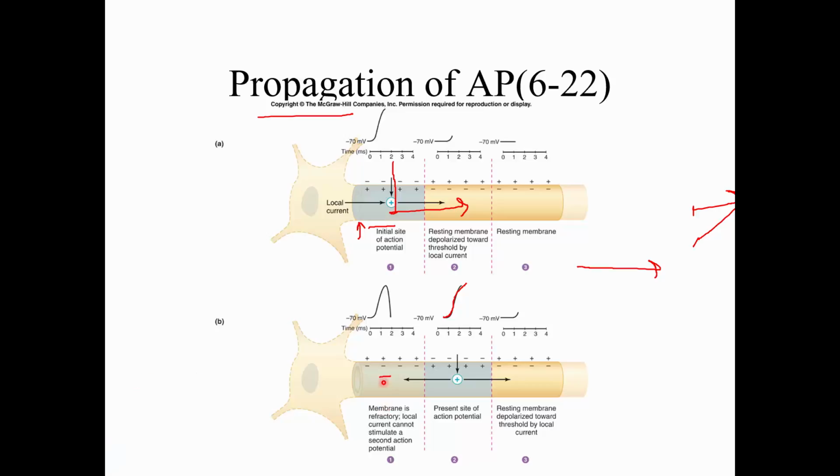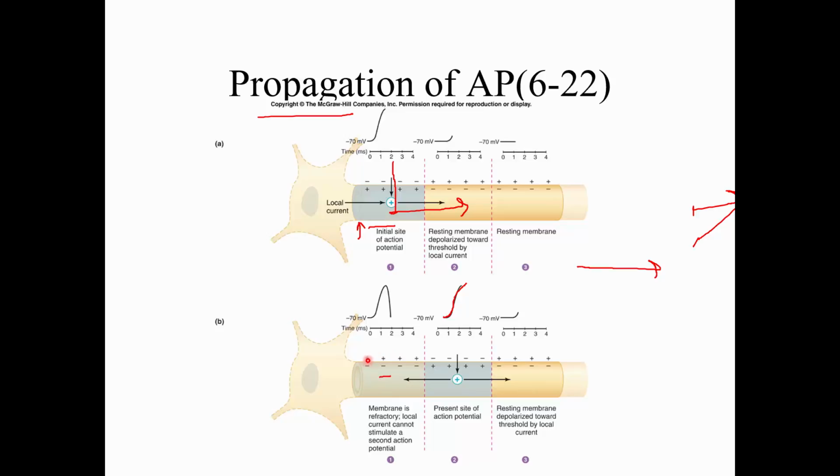So you depolarize this area, current goes down the axon, you bring the next membrane to threshold, you get an action potential here, current goes down the axon, you bring this area to threshold. So each patch of membrane is brought to threshold, and you're essentially recreating the action potential at each new segment. The action potential must go forward because these are the channels that can be activated. The action potential cannot go backwards because these channels are refractory.